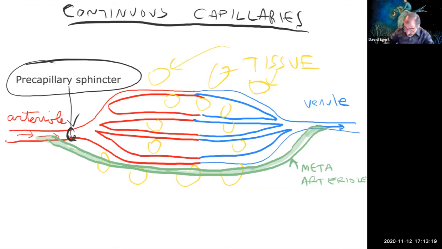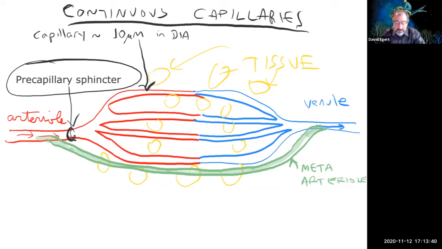I should mention these capillaries. A capillary is around 10 microns in diameter. That's about the same as the diameter of a red blood cell.